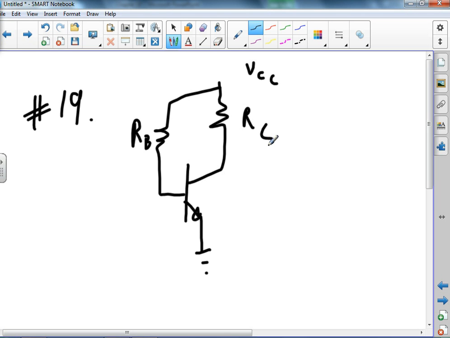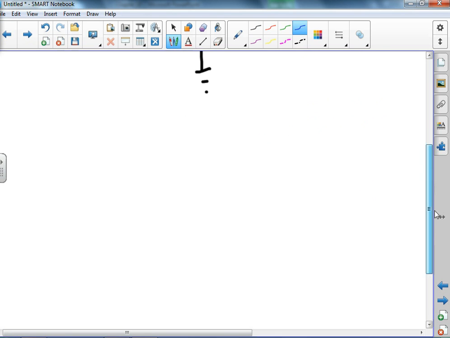And so I've got 8 volts up here. RC is 3.3K. And we want to plot the DC load line.